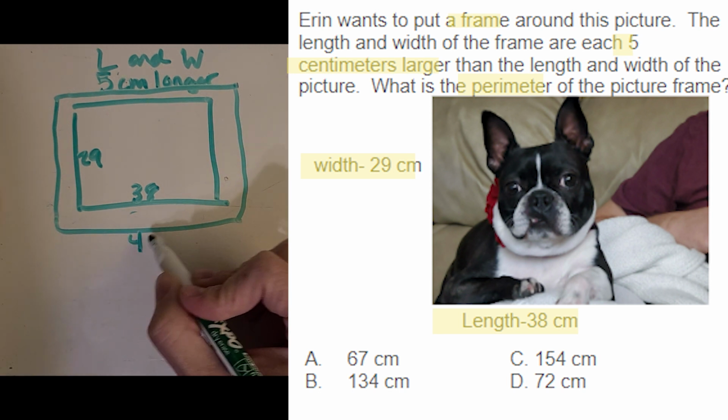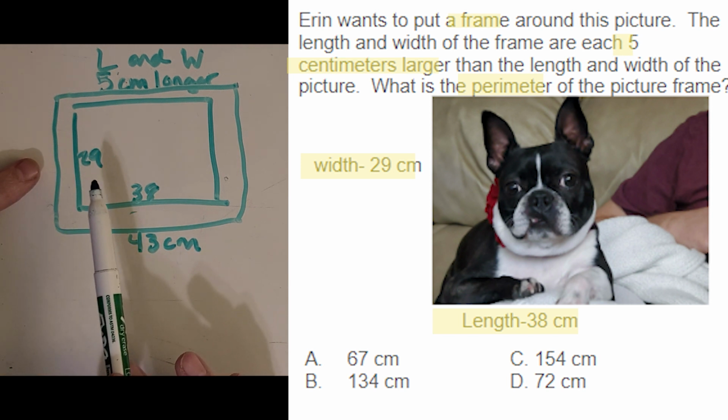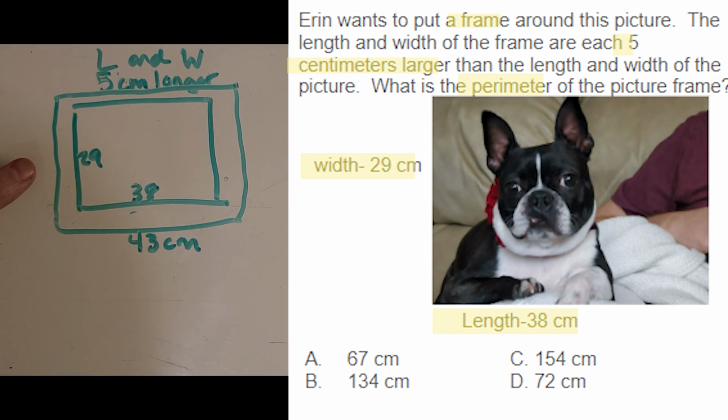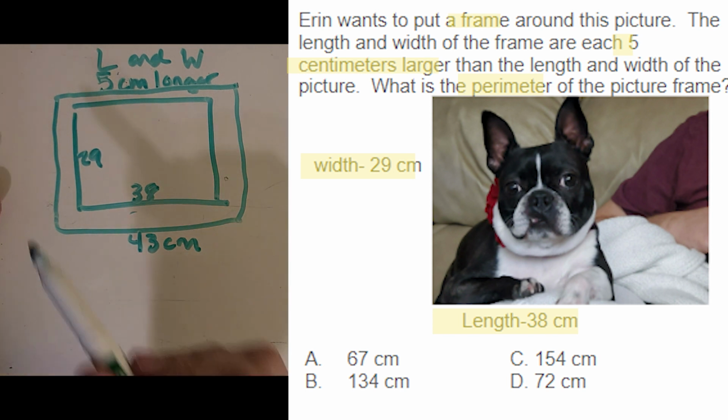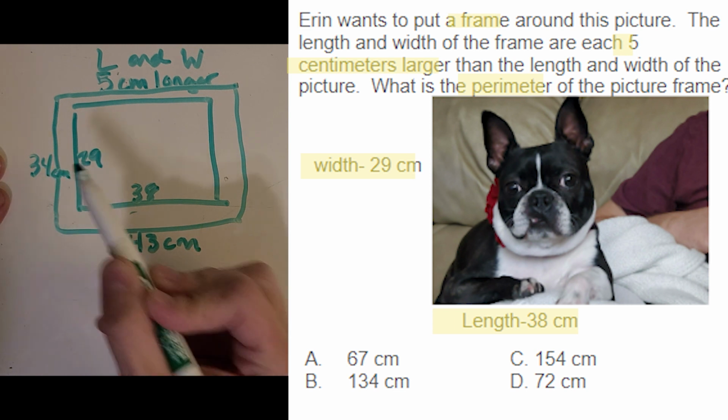Okay, you got it, 43 centimeters. And then what is 5 centimeters longer than the width of 29? What do you think? You got it, 34 centimeters.